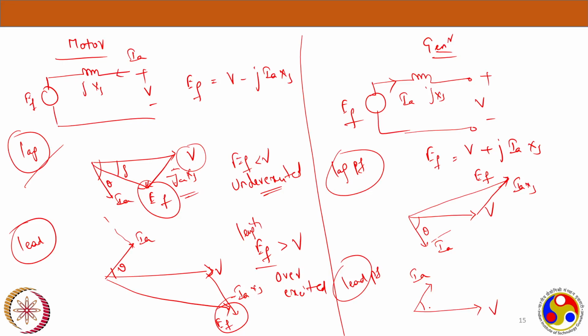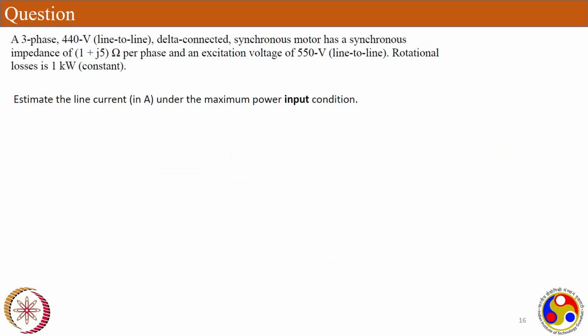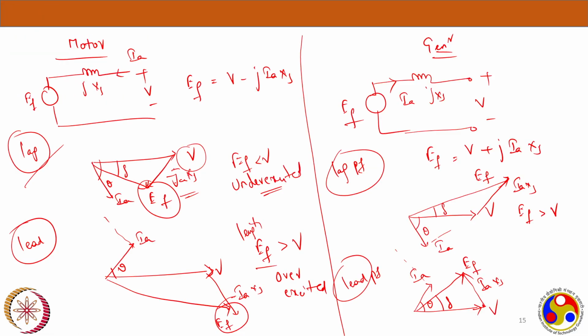And this is the delta and this is the delta. Now if you compare the length, EF is greater than V here. So that will be the over excited condition. And here if you see, EF length is less than V, that is the under excited condition.